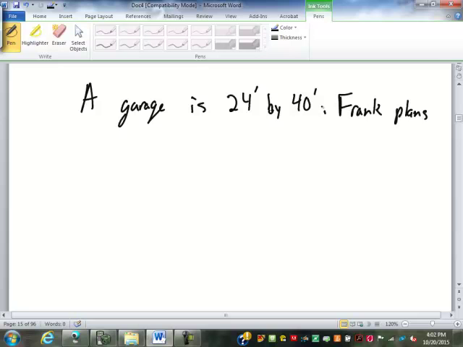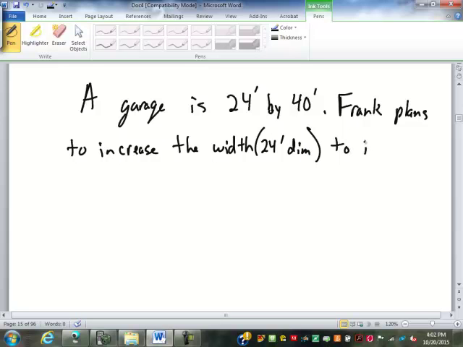Frank plans to increase the width, which is the 24-foot dimension, to increase the perimeter to 152 feet. Find the new width.